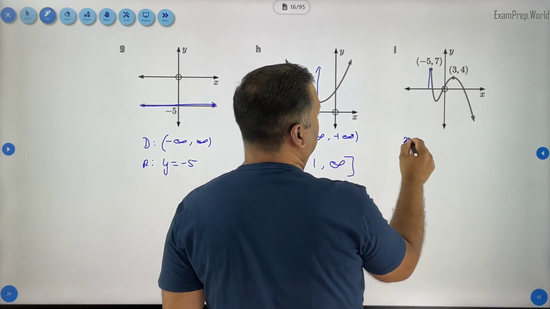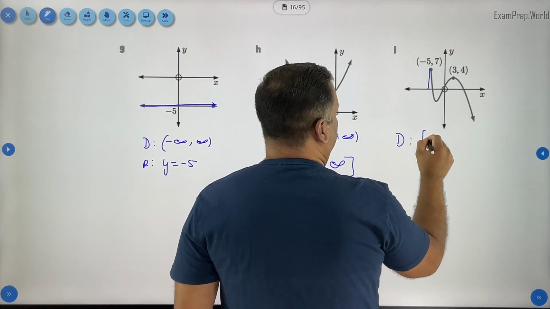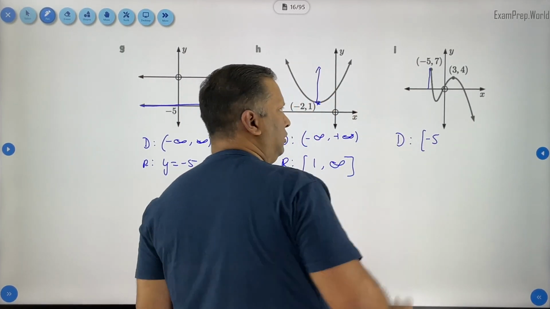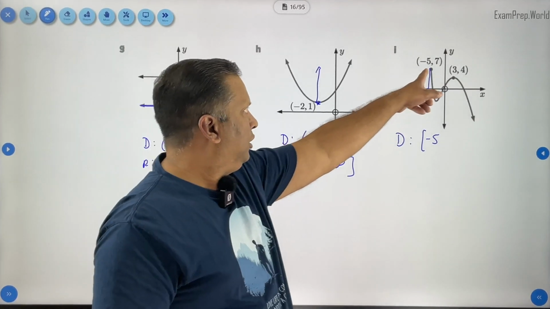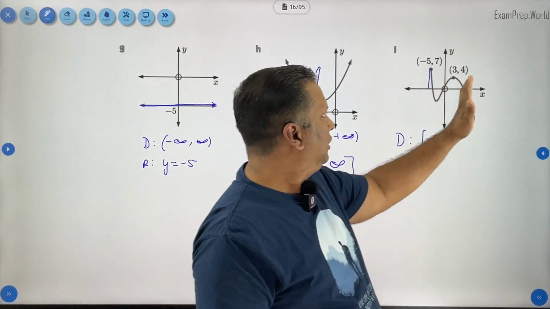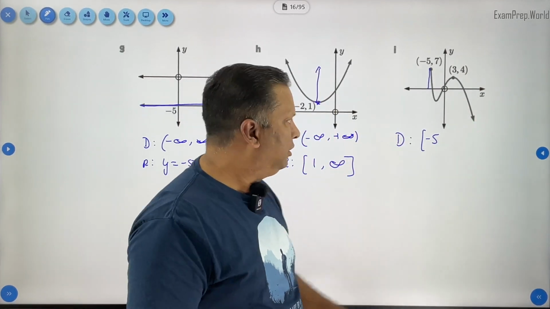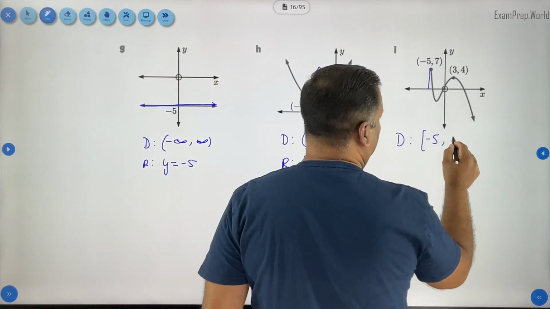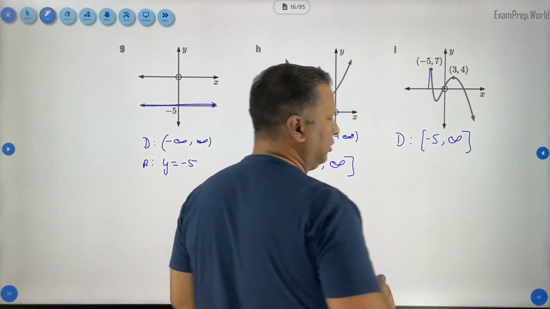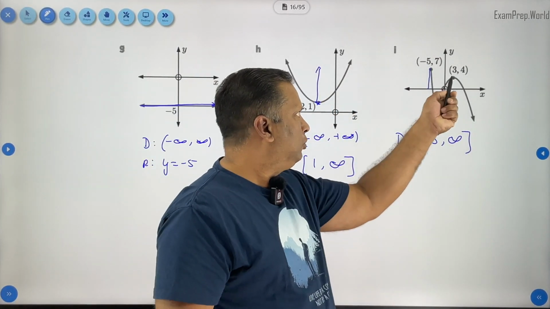So let's write domain. -5 is included, right? It's a solid dot, not a hollow dot. -5 is included, and it is moving towards the right side, and it will keep moving towards the right side. So we can write it will end at infinity.